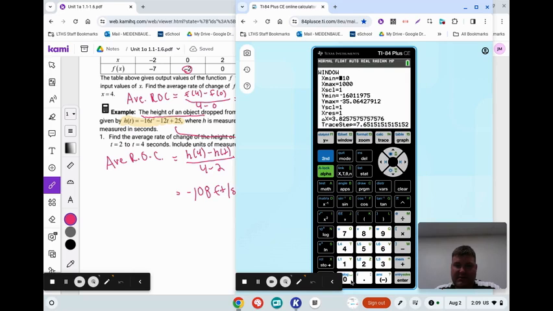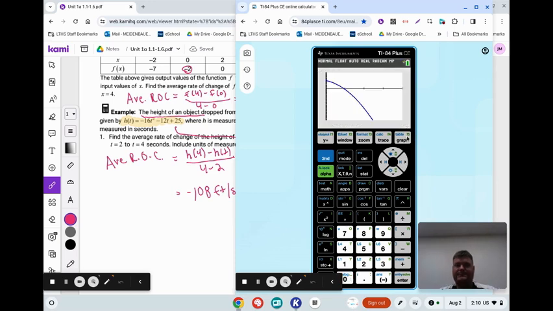Go from 0 to 4. Just playing around with this window a little bit so I can kind of see this graph. All right, boom, there we go. So if I trace, actually I don't think I went far over enough. Trial and error here. Go -100.